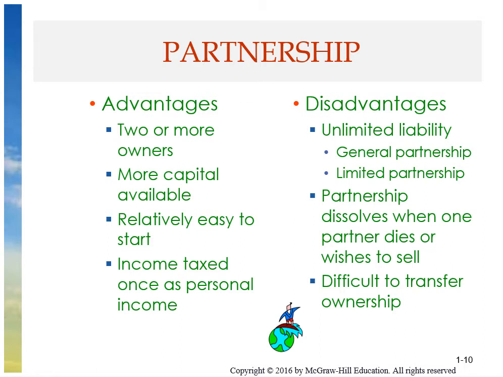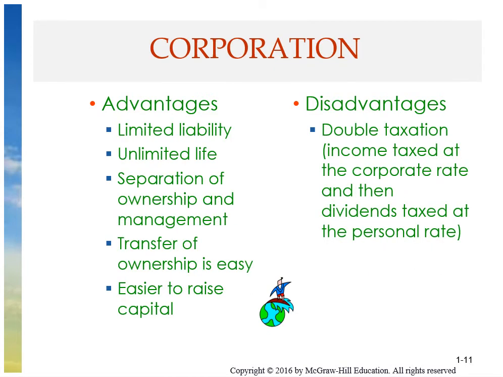But the disadvantage is that it has unlimited liability, so the partners need to be responsible for the liability. And the partnership dissolves when one partner dies, and it is difficult to transfer the ownership. So if you want to set up a business, we can set up a partnership together between you and me, for example. But the last one is the one that is widely accepted around the world. This is the corporation.